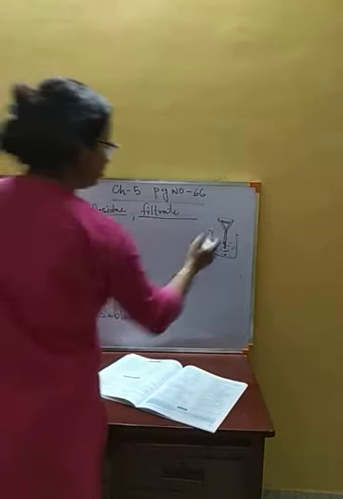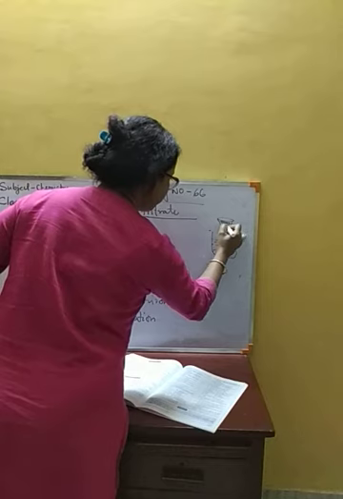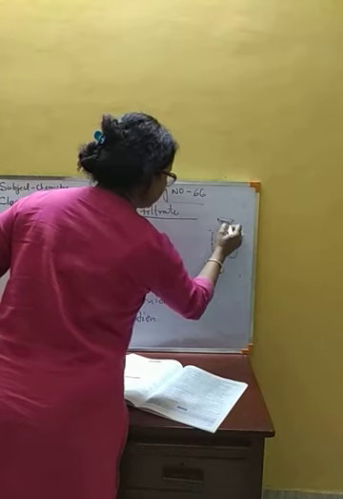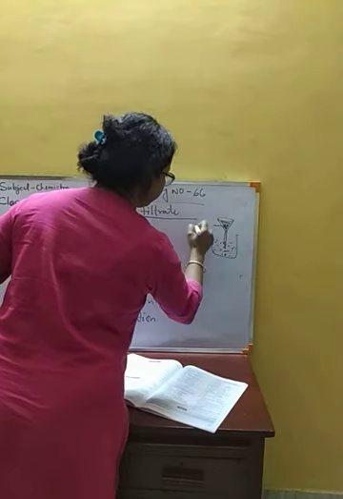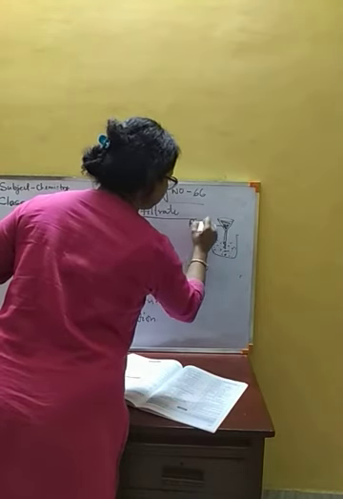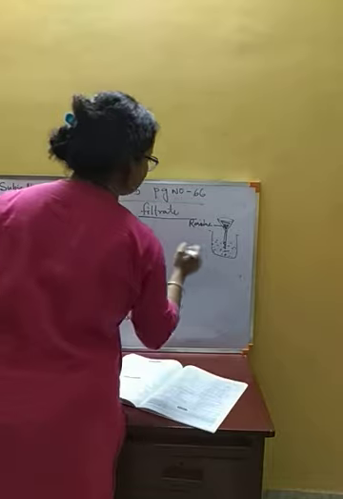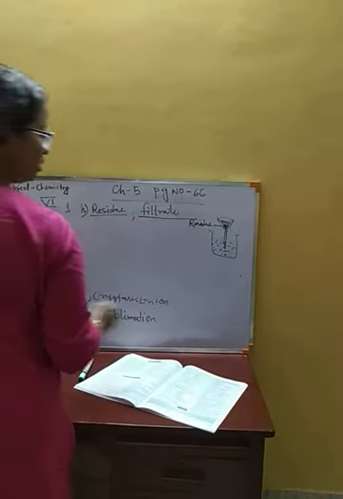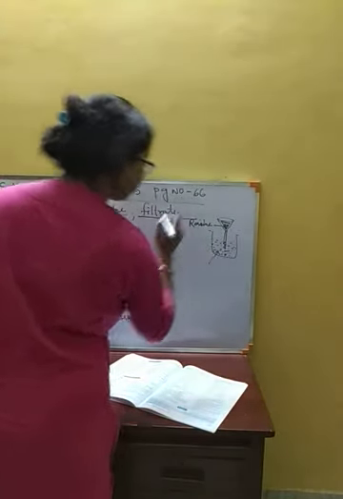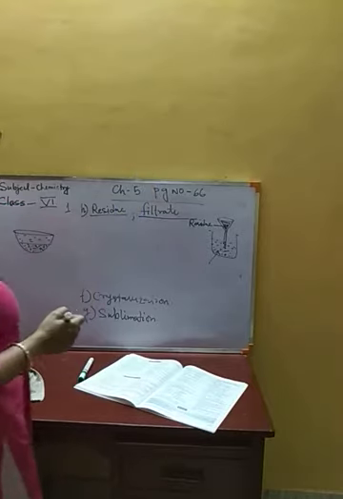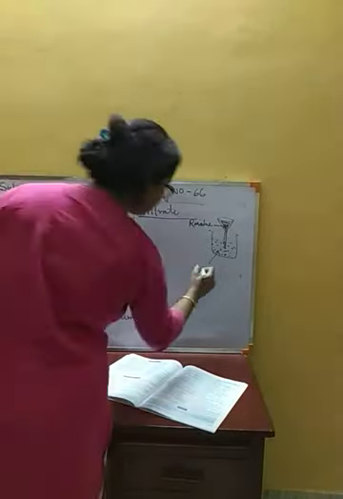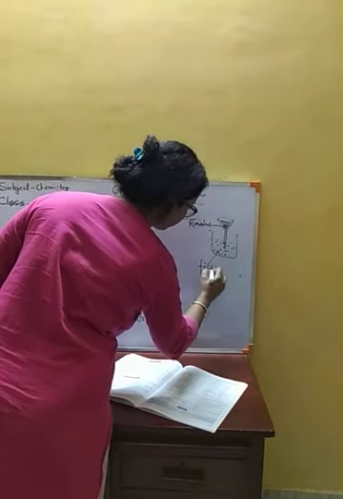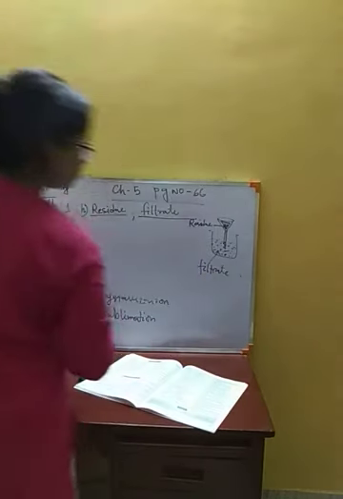Now the substance which we are getting in the filter paper after this filtration process is called residue. And the clear liquid which will pass through the pores of the filter paper is called filtrate.